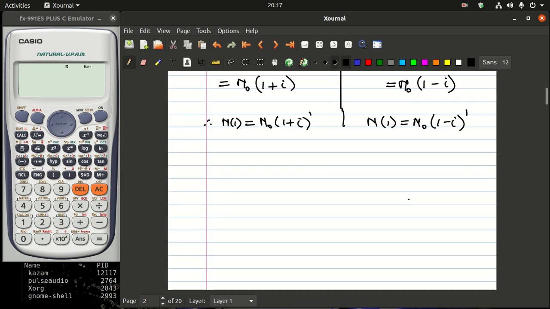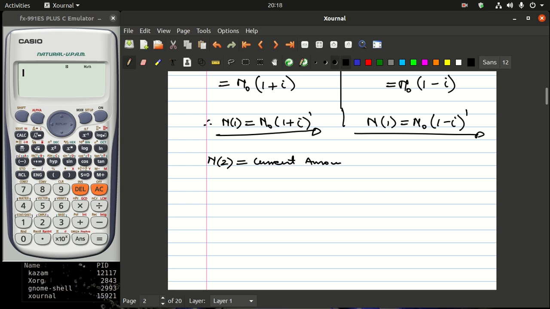Now, when you look into this, I'm done with this part, I'm done with that part, what will be n of 2? Remember that n of 2 is going to be the current amount plus the change.